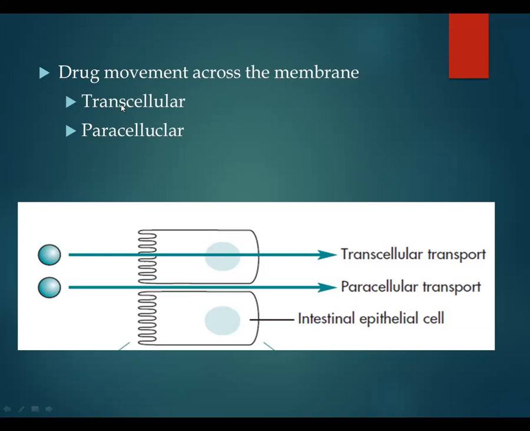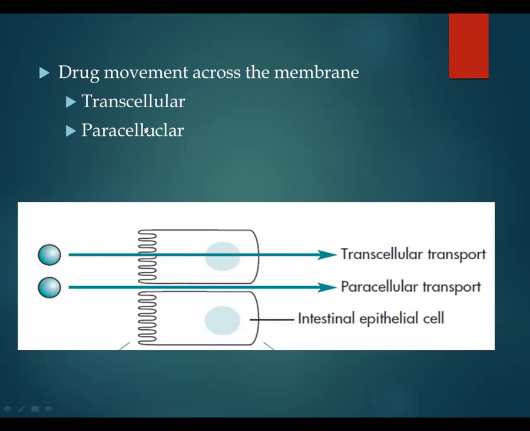This movement can happen by two major mechanisms. I can call them transcellular and paracellular. Transcellular is nothing but through the cell. The diagram is self-explanatory, as you can see. If the drug molecule moves through the cell, it is called transcellular transport.